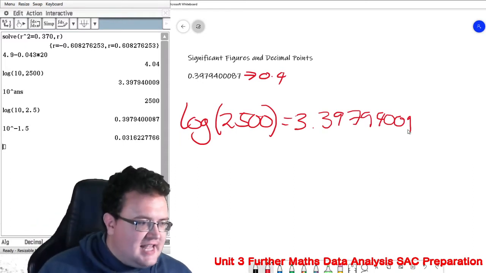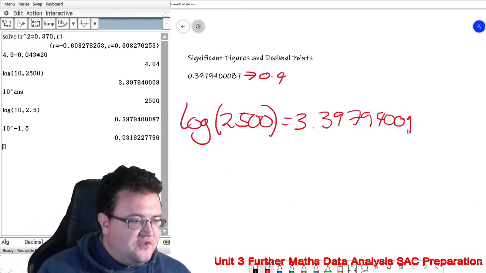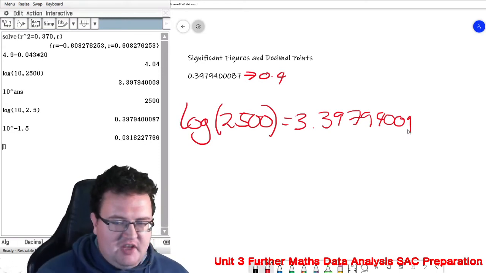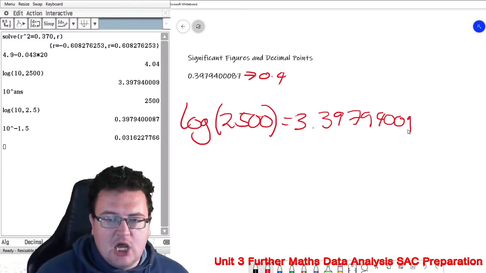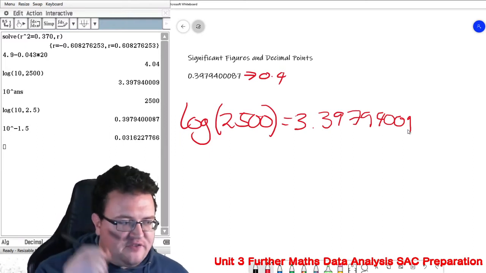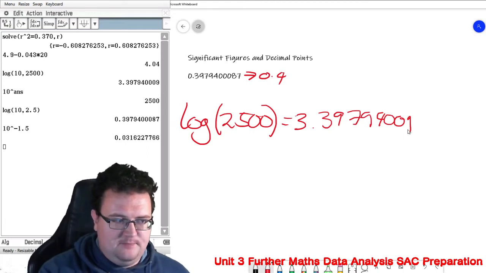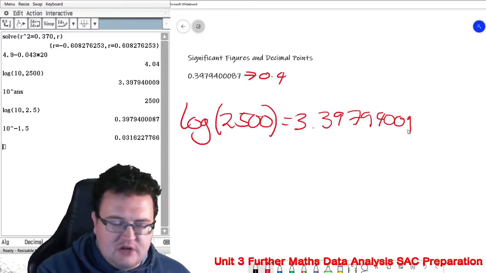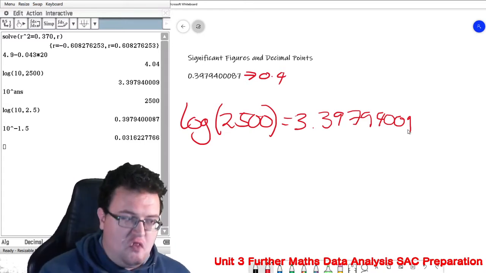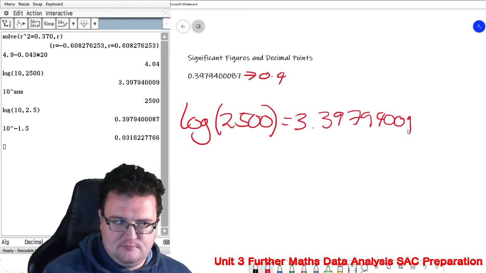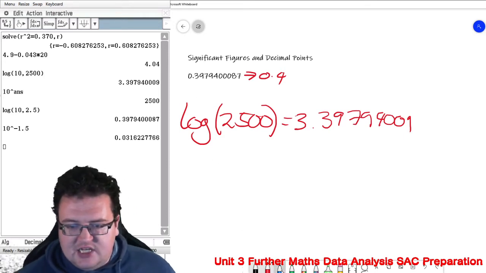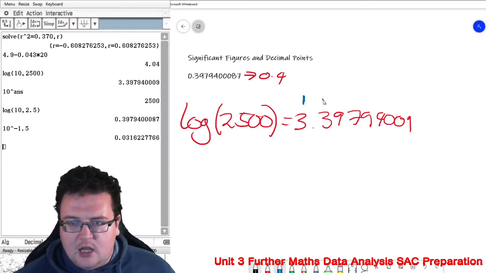If I wanted that to 3 significant figures, I would have to include the 3 before the decimal point. All right? 3 significant figures means that you're generally only going to be writing 3 numbers. So in this case here, number 1, number 2, number 3.